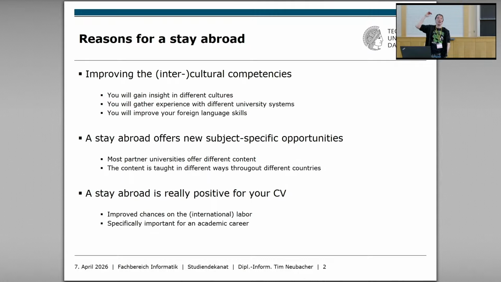Definitely. Even in international companies, German language skill on a high level is really important to get a job in Germany, still. Then, yes, probably. But if you want to work somewhere in the world, for example in an academic career, it might make more sense to collect more intercultural competencies.